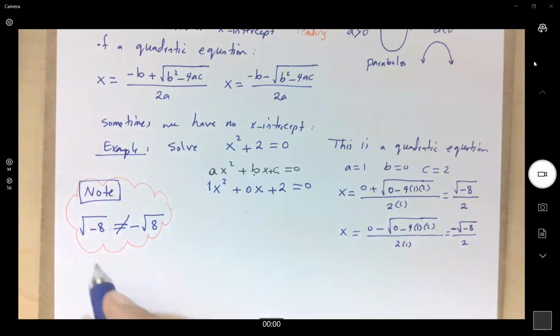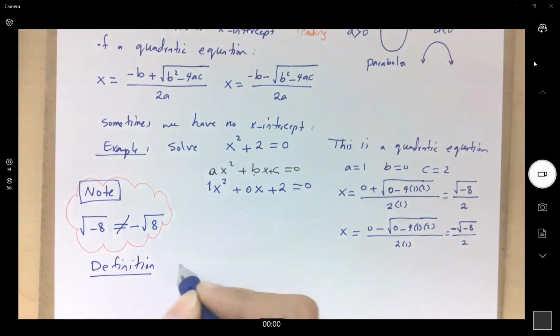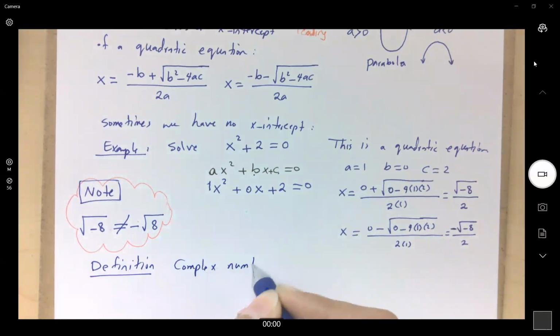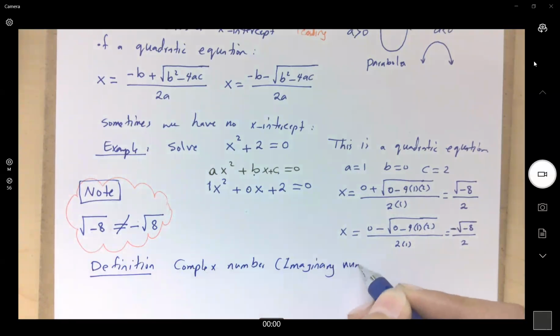Here we have the definition of complex numbers or imaginary numbers. We define it this way.